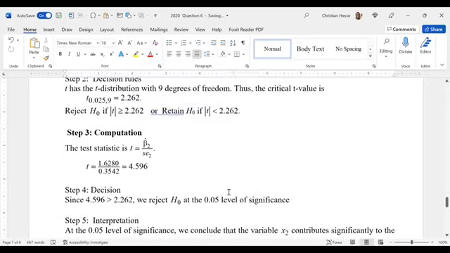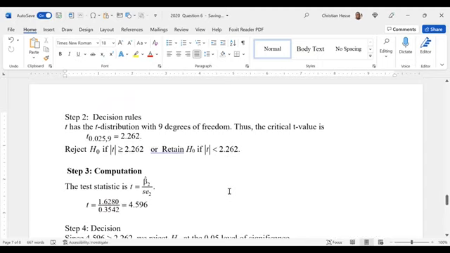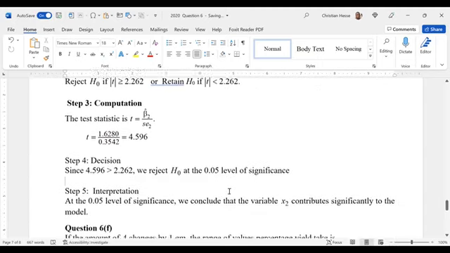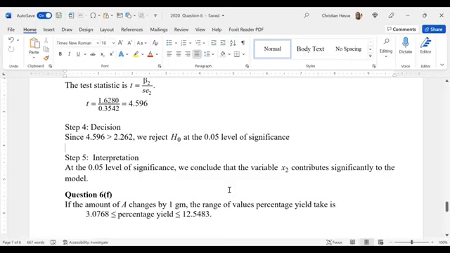Rejecting H naught means that the solvent B is predicting Y significantly. So reject H naught at the 0.05 level of significance, which means we conclude that X2 contributes significantly to the prediction of Y. That's the meaning.